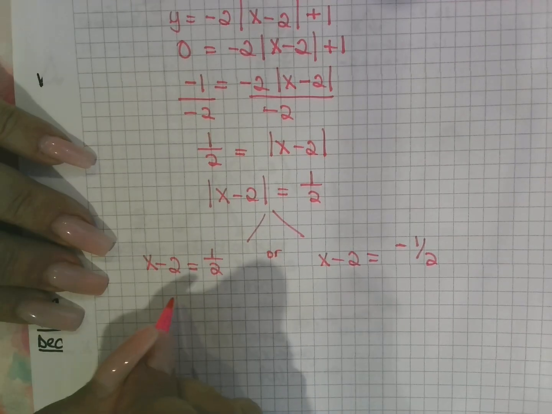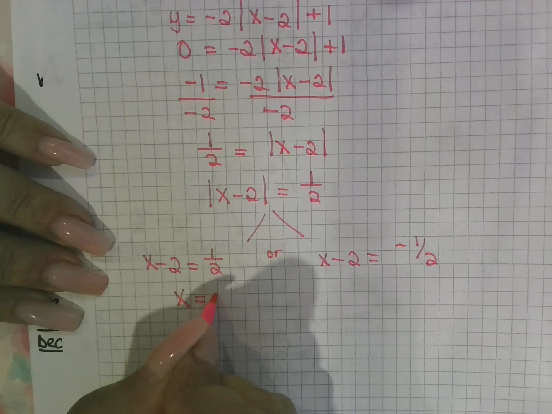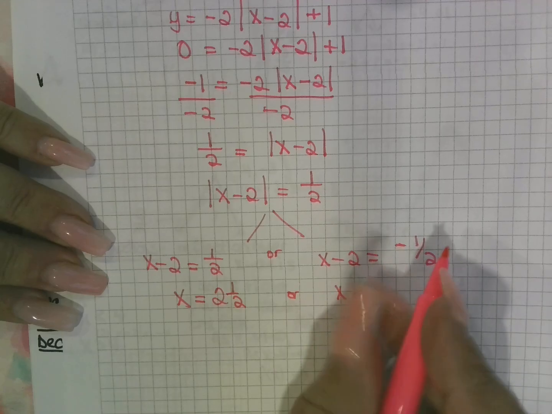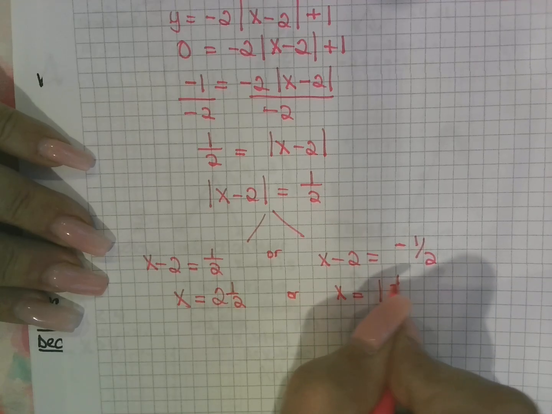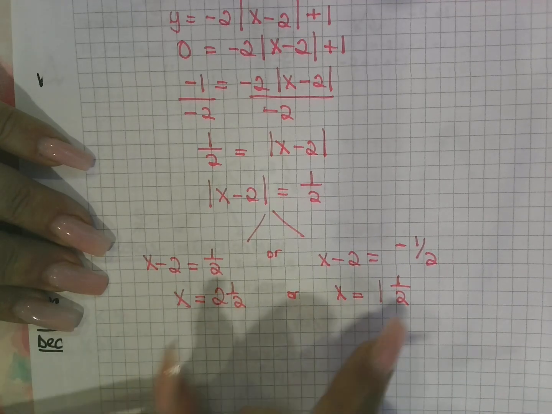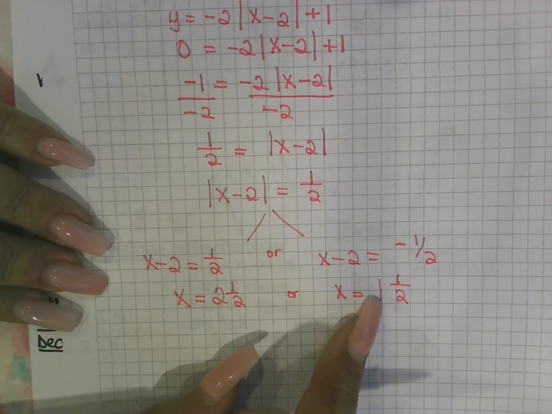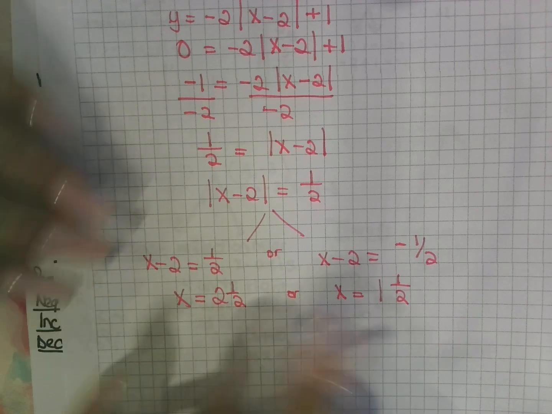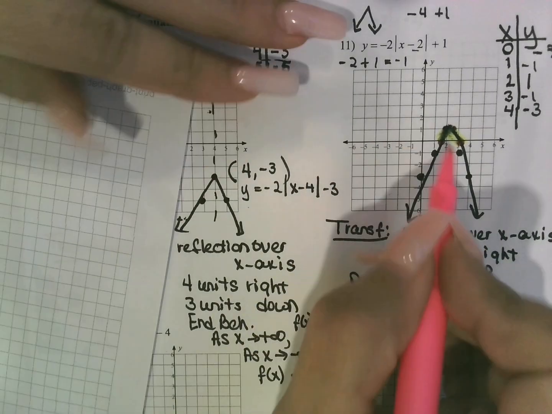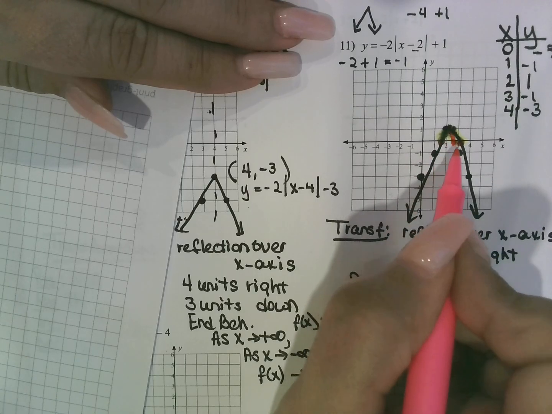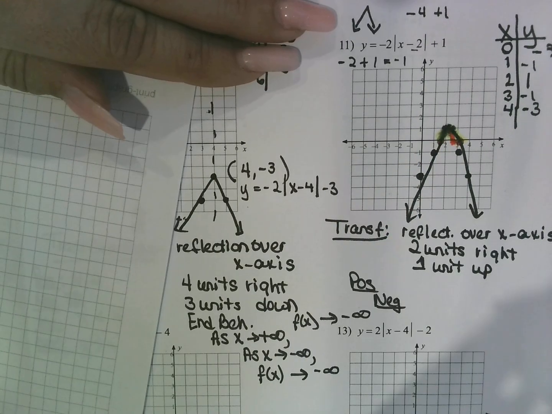If this is true, x is equal to 2.5, or x equals, here we're going to add 2, so 1.5. So these are our x-intercepts. It's crossing at 1.5, and it's crossing at 2.5. So you can kind of see it. I may be off a little bit here, right? But it is at 1.5 and 2.5.